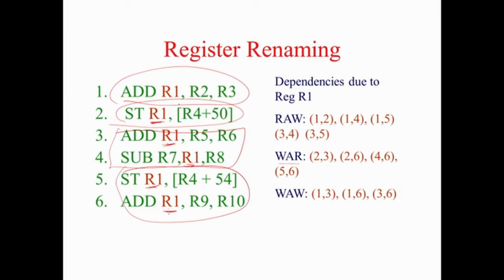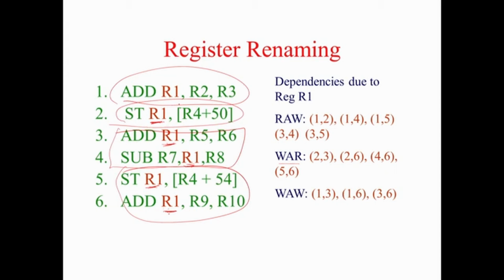Because if 1 and 2 are the fellows who are going to finish last, the value of R1 would be the one output by this add instruction rather than that add instruction, and I have to somehow handle it. When I observe the value of R1 at this point, I should get the value of R1 output by instruction number 6 and not instruction number 1.